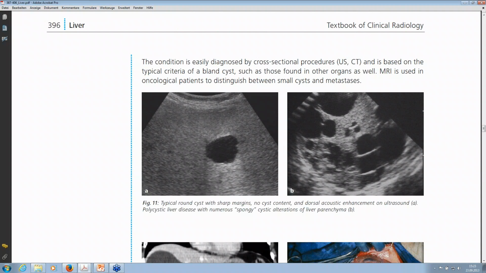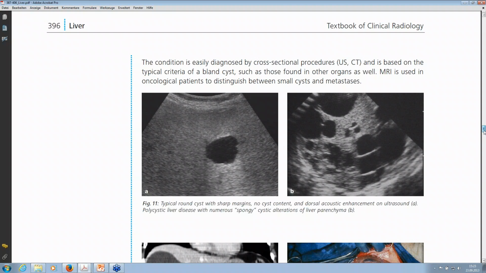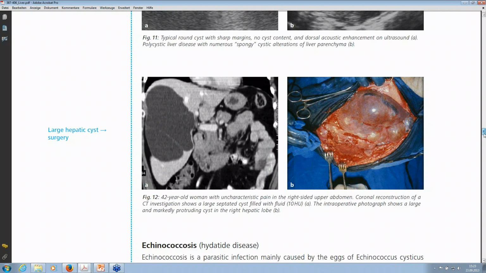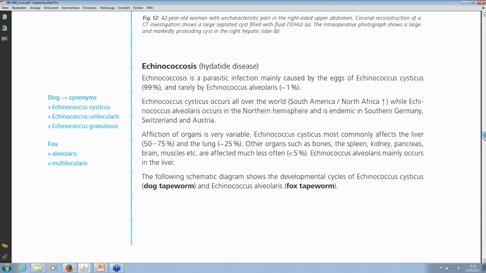On the left side you see the classic anechoic appearance of a simple cyst. There are some little gray echogenicities within the cyst, but at large it is black. And there are cysts very important to be detected by sonography.